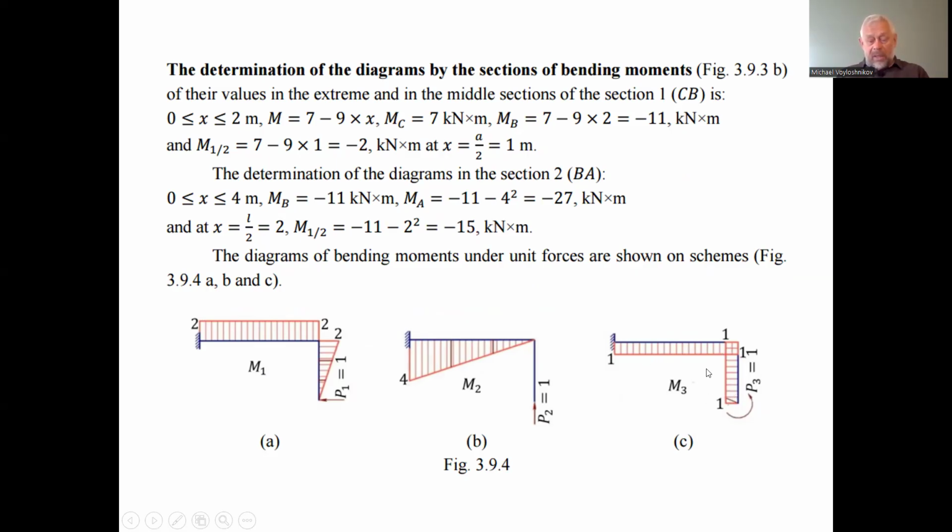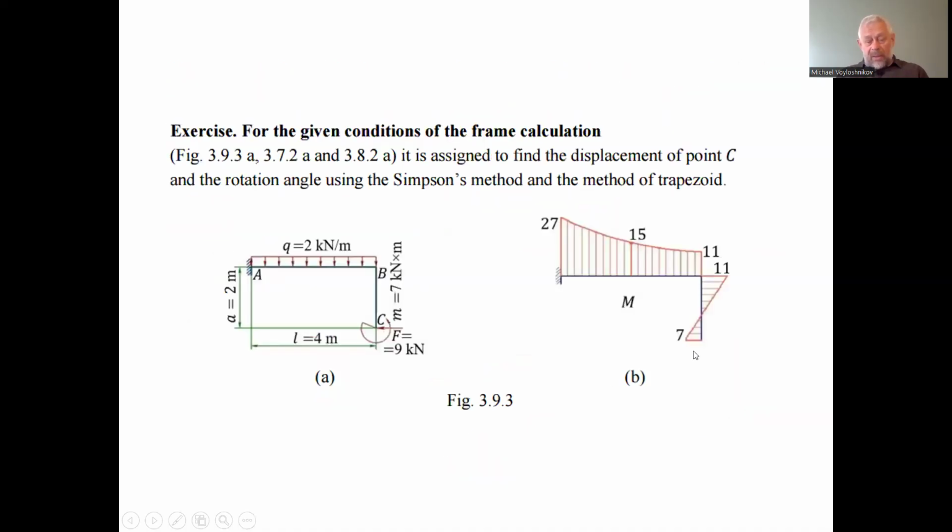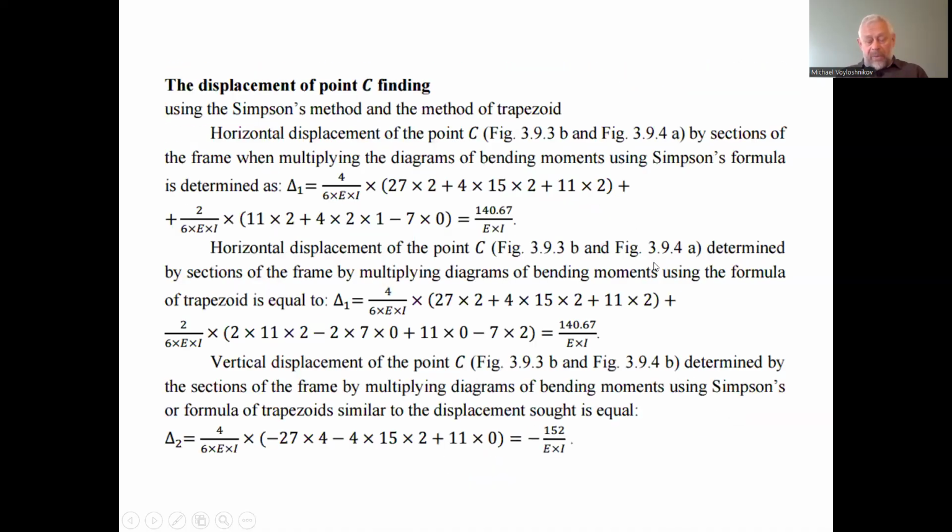And we assume negative as they act contrary to the positive assumed clockwise for the lower diagram. Positive we assume clockwise bending.